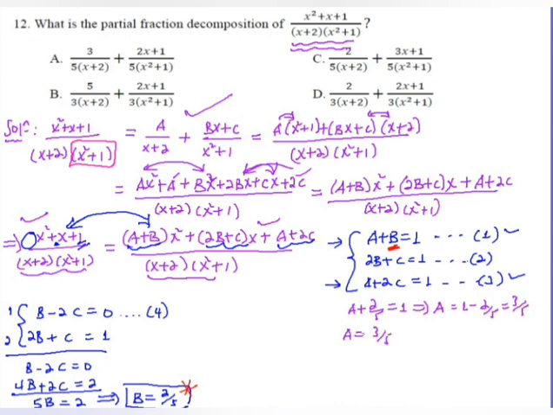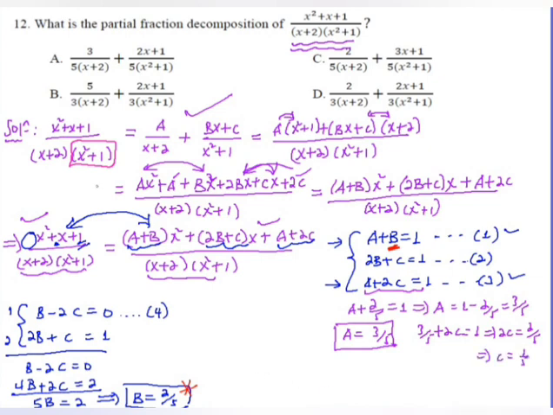Here the value of a is 3 over 5. Now use the third equation to get the value of c. Substitute: 3 over 5 plus 2c is equal to 1. This implies 2c must be 2 over 5, so c is equal to 1 over 5.